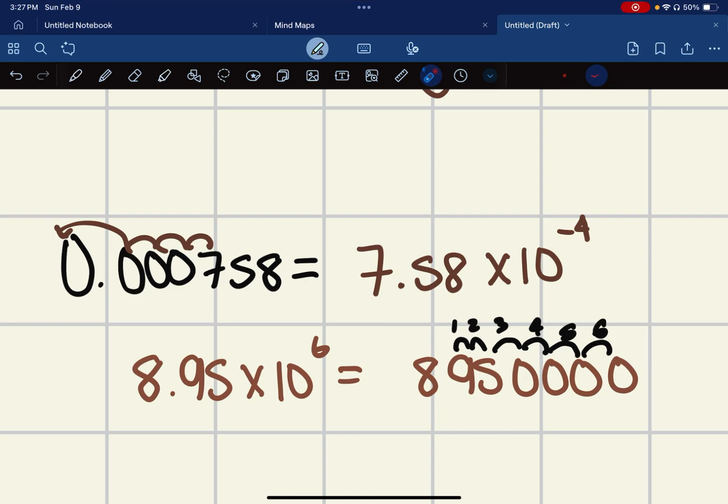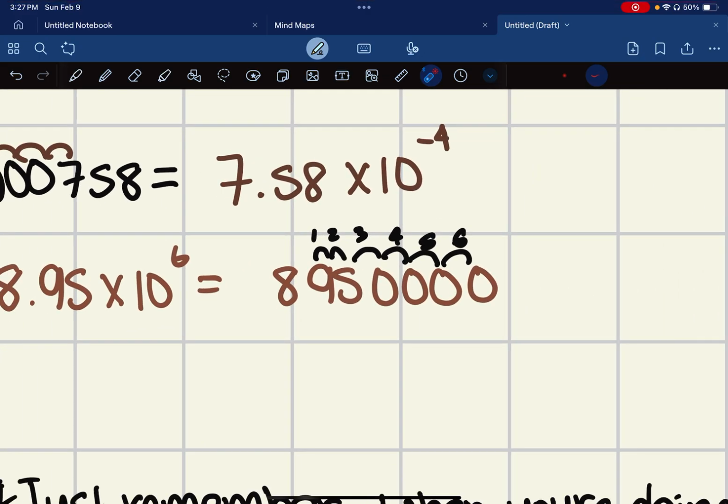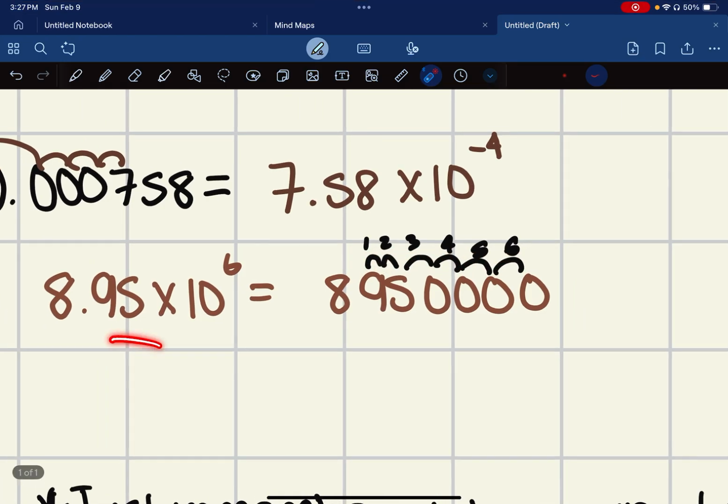So you see here, you go 1, 2, 3, 4 to get it to the other side. Same thing over here, 8.95 times 10 to the sixth power. So you go 1, 2, 3, 4, 5, 6. So basically, you're just moving this to the right because it's positive, and because this is negative, you're moving it to the left.